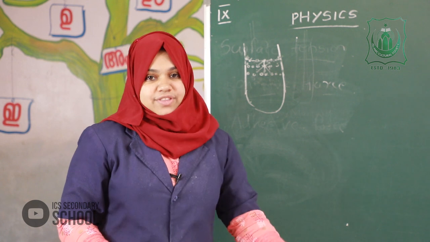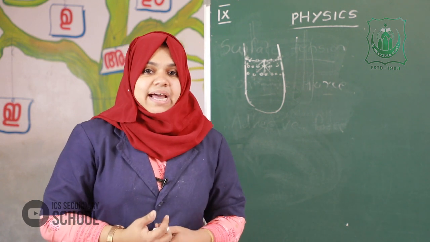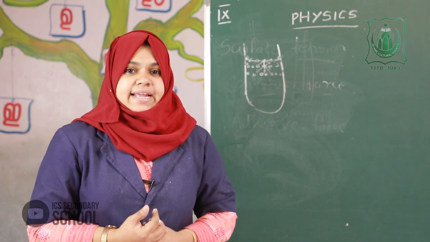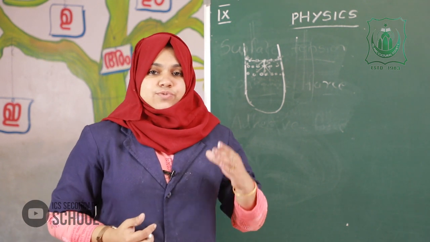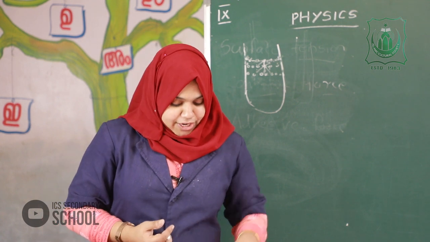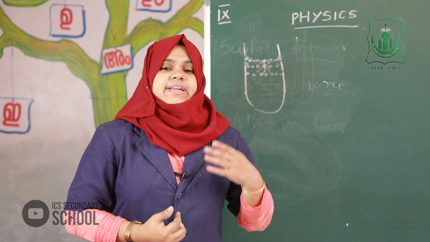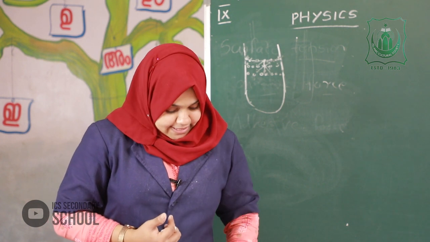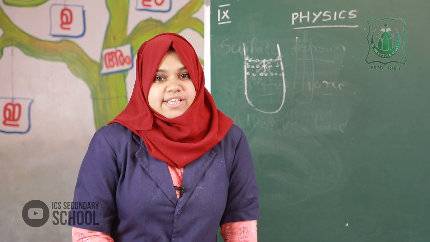Next, how is the diameter of the tube related to capillary rise? What is the reason that capillary rise is greater in smaller diameter? We know that in a smaller diameter, the weight of the liquid that can rise also decreases. The weight of the liquid in the tube is supported by the adhesive force.